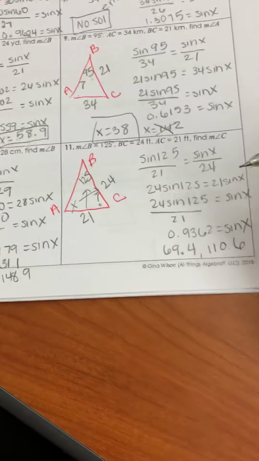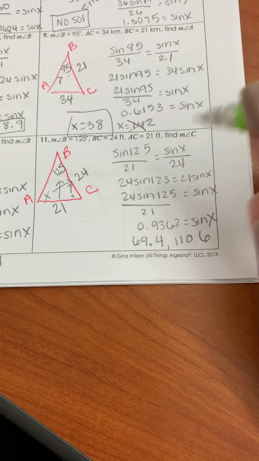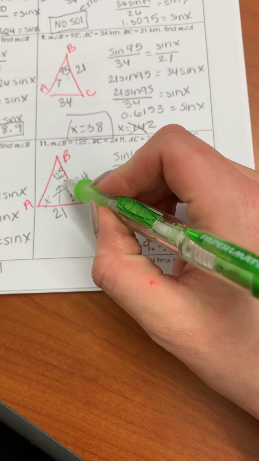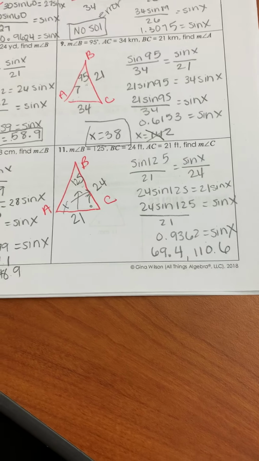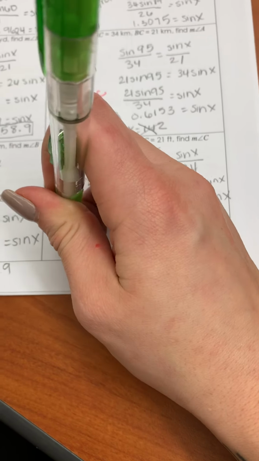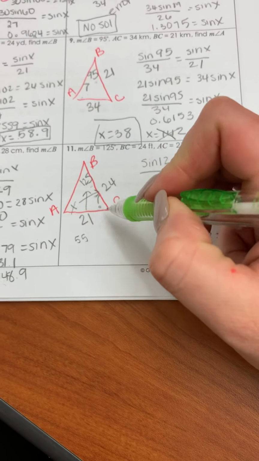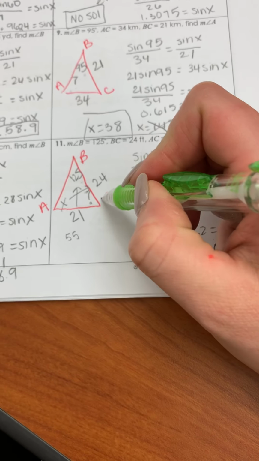So this one is not possible, because do you see that this angle right here is already 125? So if I subtract 125 from 180, then both of these angles would have to be split up between 55 degrees. Those are really, really small angles.